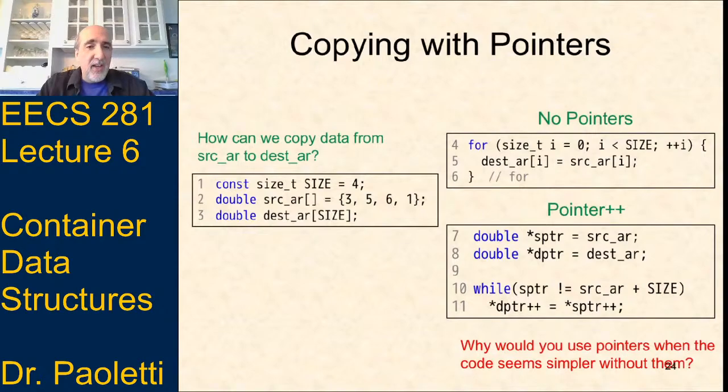Another reason, if I change from arrays to something like a linked list, and I rewrite the second version with iterators instead of pointers, iterators are just a generalization of pointers, I can do the iterator version whether it's a vector or a deque or a linked list. The square brackets version would only work for a vector or a deque. Square brackets doesn't work with linked lists. So the second version is more generic, and it's actually faster.